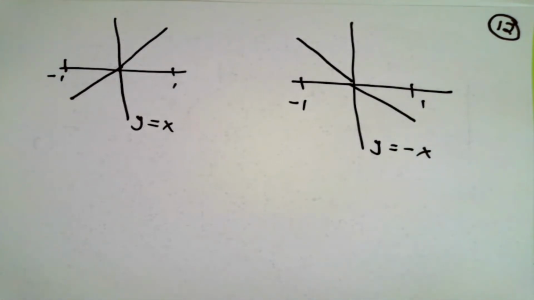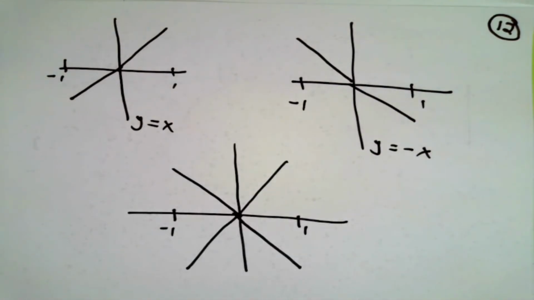The region is going to be determined by what the graphs of y equals x and y equals negative x look like between -1 and +1. If I draw both graphs on the same graph, if x is positive, if it's to the right of the y-axis, then obviously the upper y value is y equals x, and the lower one is y equals -x.